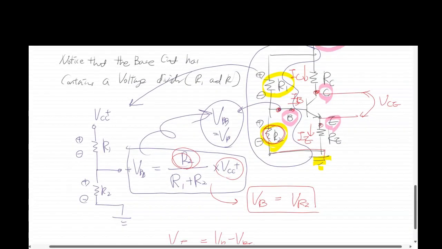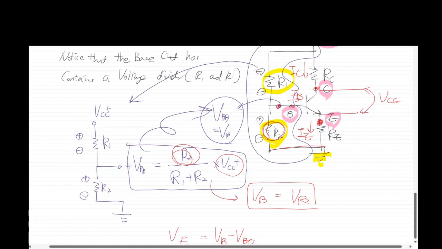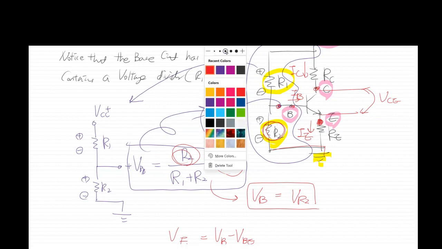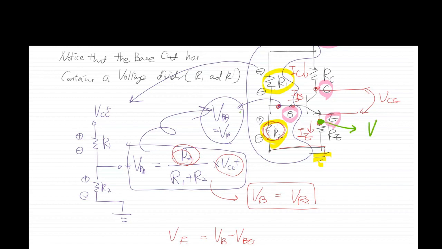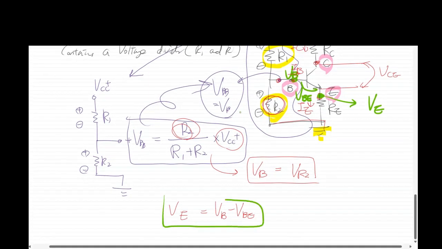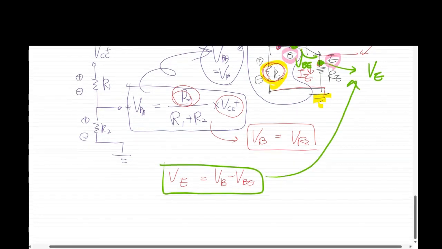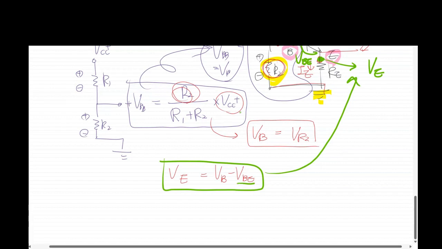That's right there, V sub E. I'm going to use another color for you. V sub BE is right there. So this is why V sub E is equal to V sub B minus V sub BE. So V sub BE is equal to 0.7 volt.